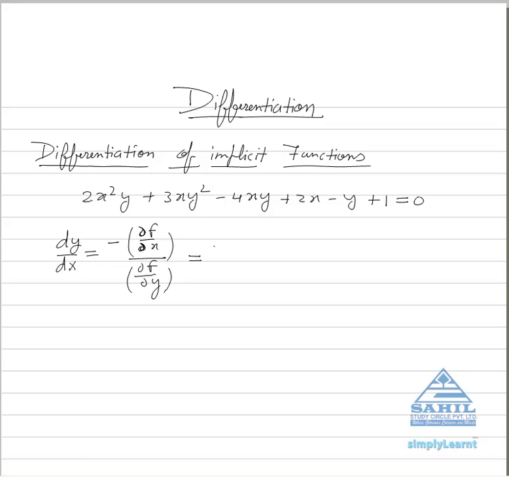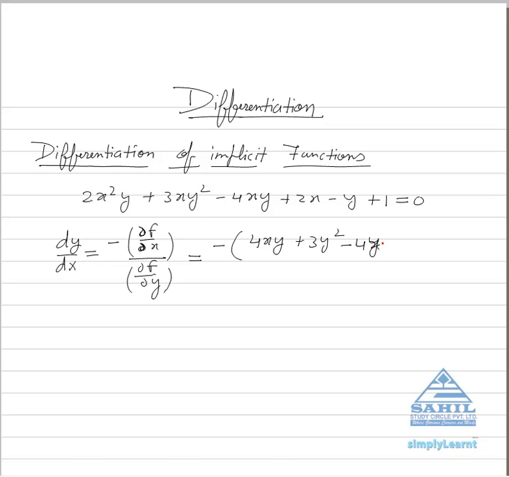So what is the answer for this? It is minus. Now keep in mind that y must be treated as a constant. Then what will be your answer? We have to differentiate x square only, so your answer will become 4xy plus 3y square minus 4y.